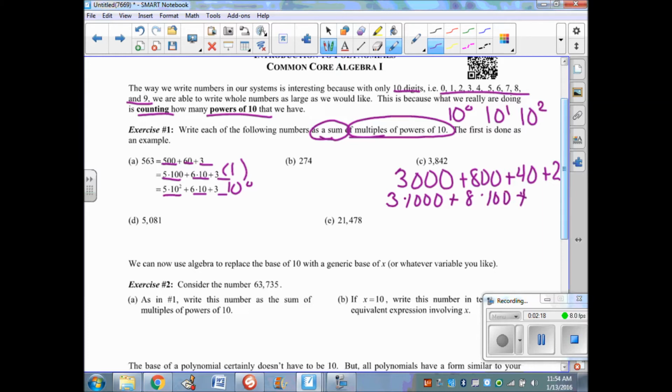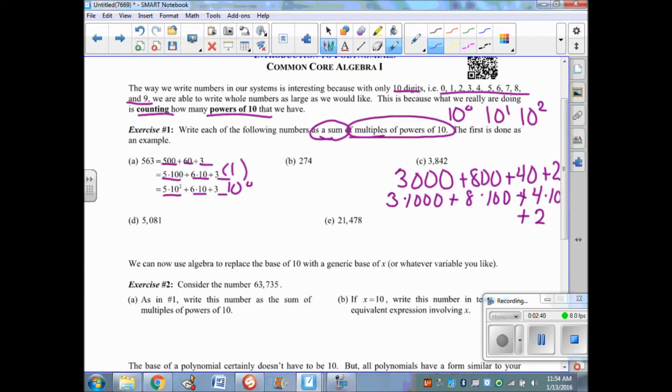I'm going to shrink this a little bit so we have a little bit more space. Oh, fingers. Can't do that. All right, bear with me on this. Plus 4 tens, and then plus 2, or 2 times 10 to the 0 power, but we understand that we don't need to write that.